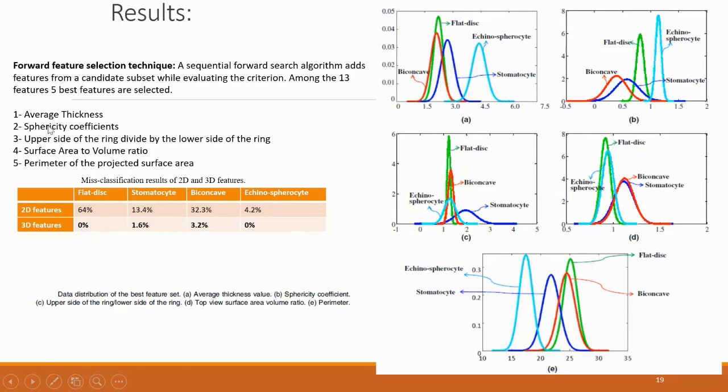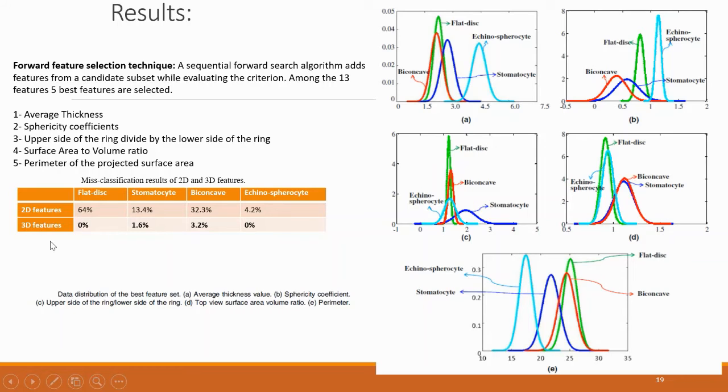One is average thickness, one is sphericity coefficient, one is the upper side of the ring divided by the lower side of the ring, one is surface area to volume ratio, and then the parameter of the projected surface area. On the right side, we can see the distribution of these parameters for all these classes.